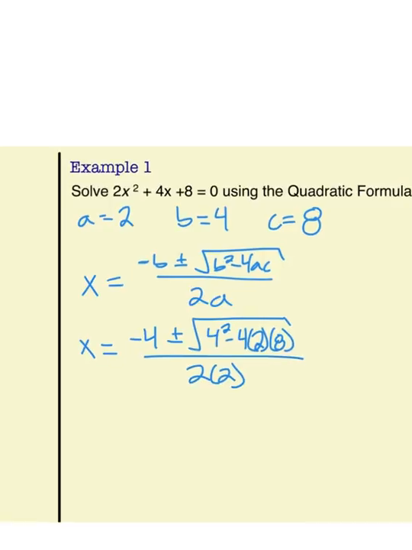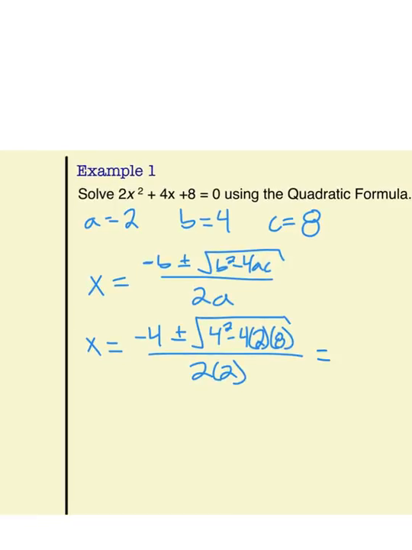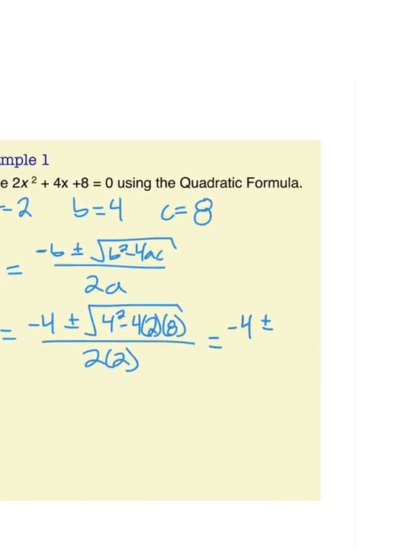And we're going to simplify what's under that square root. We have negative 4 plus or minus the square root of 16 minus 4 times 2 is 8 times 8 is 64 all over 2 times 2 is 4.